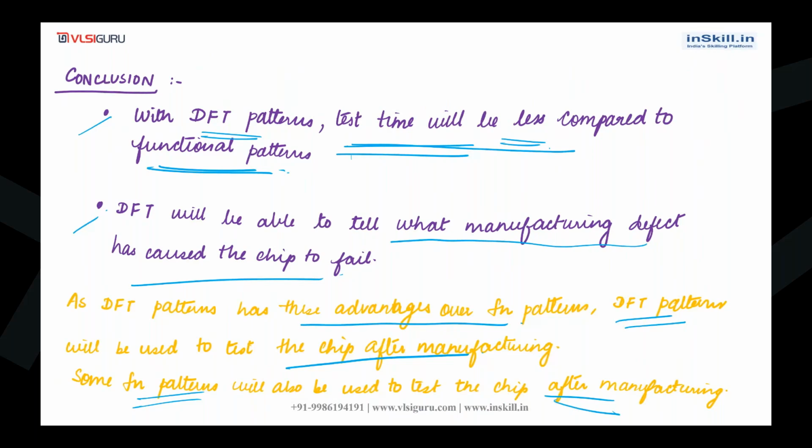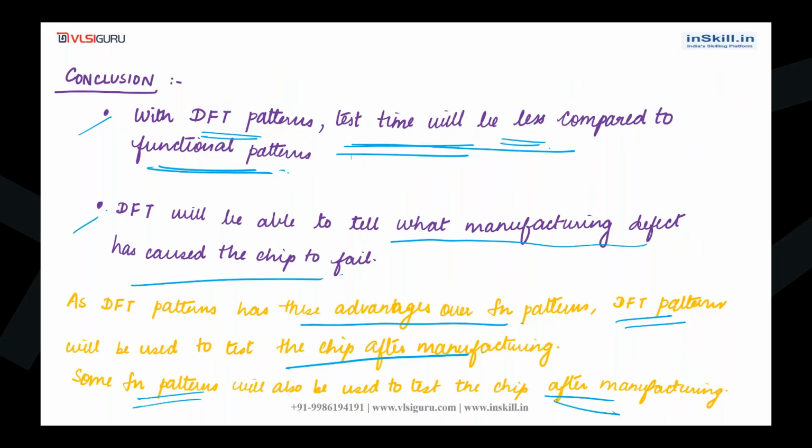Some functional patterns also will be used, but majority DFT patterns only. So this is why we need a DFT engineer even when a functional verification team is existing. Okay, with the DFT patterns, test time will be less.